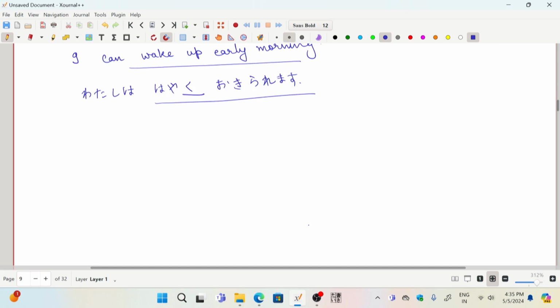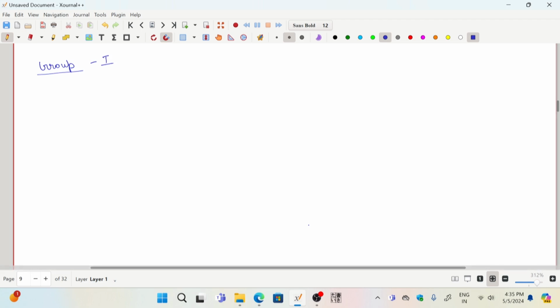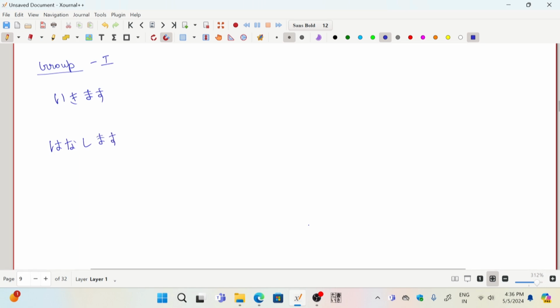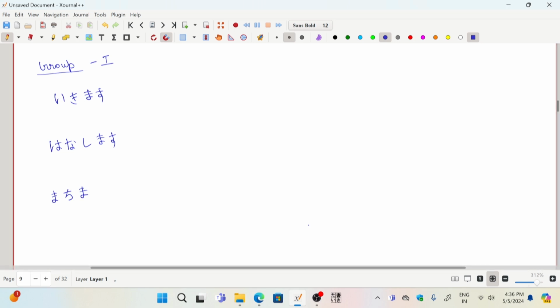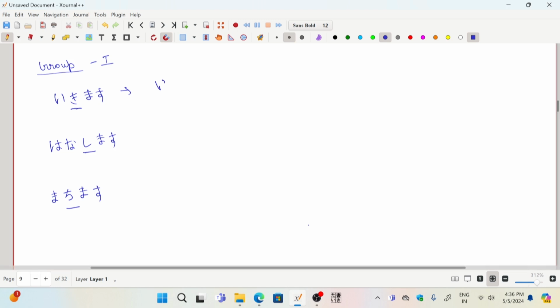Now let's learn it with the first group verb. What happens with the first group verb is, suppose it is ikimasu or hanashimasu or machimasu. So we'll change this i sound into e sound. So ikimasu will change into ikemasu.